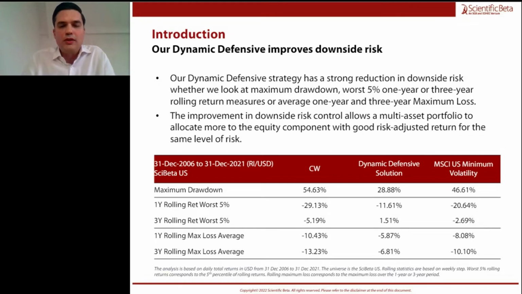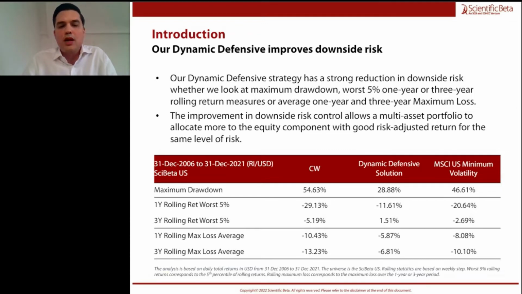If you focus also on the distribution of worst returns, we have metrics like the 1-year rolling worst 5% returns, the 3-year rolling returns. For all those distributional metrics, we can see that the downside risk of the dynamic defensive solution is much, much better compared to the cap-weighted benchmark, but also a traditional defensive strategy such as the MSCI min-vol portfolio.